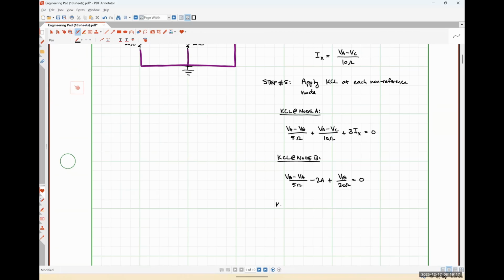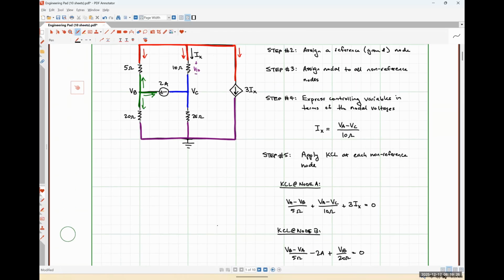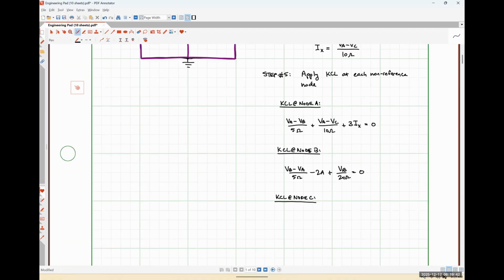Lastly, we'll do KCL at node C. So that'll be this current, and this current added together. So what's the current flowing up through the 10 ohm resistor? VC minus VA is a voltage over 10.